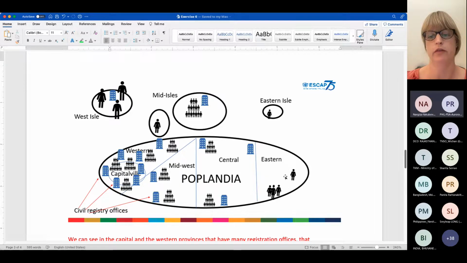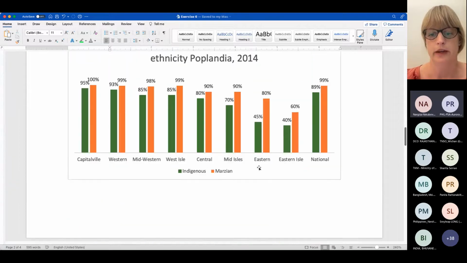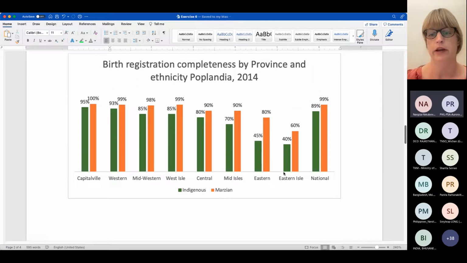But if registration is low purely because there isn't access to offices, we would expect both the Marzian and the Indigenous populations to have similar rates of registration. Say they're both at 50%, or both at 60%, or very close to each other. But when we look at the data for Eastern Isle, we don't see that. Indigenous is almost half of Marzian. So 45% compared to 80%, 40% compared to 60%.